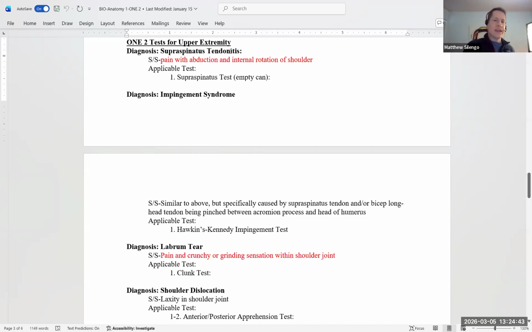So if somebody has tendonitis of this tendon, which is not uncommon because this tendon is running underneath the acromion process and attaching to the humeral head, sometimes it's getting increased friction. The fact that it's moving underneath that acromion process, sometimes it's encountering a lot of friction. And then the tendon becomes irritated, inflamed, what we call tendonitis.